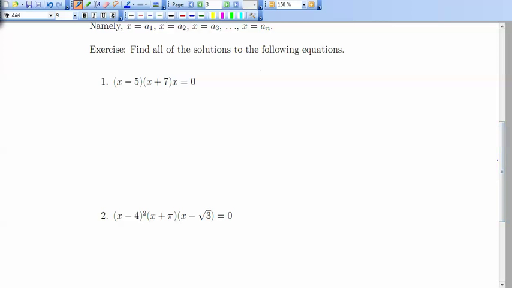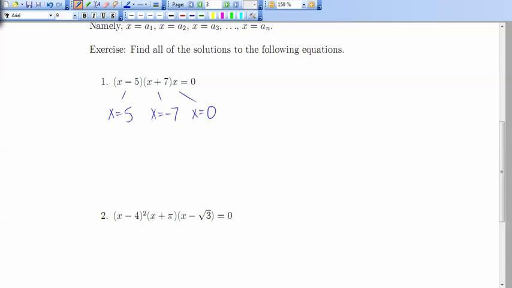So for instance, if I have a factored expression and it's equal to 0 like in exercise 1 here, I can immediately think, well, if the product of three things is 0, that means one of the factors must be 0. If the first factor is 0, that means x is 5. If it's the second factor that's 0, that means x is negative 7. And if the third factor is 0, that means x is 0.